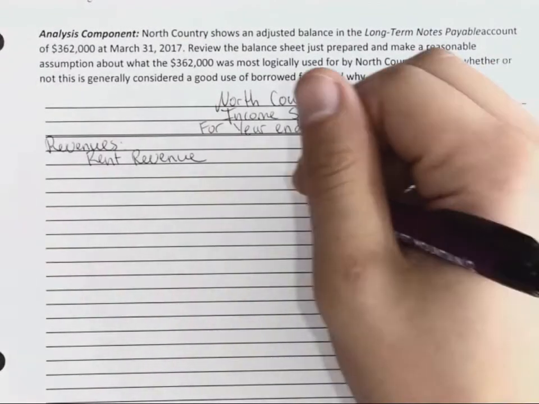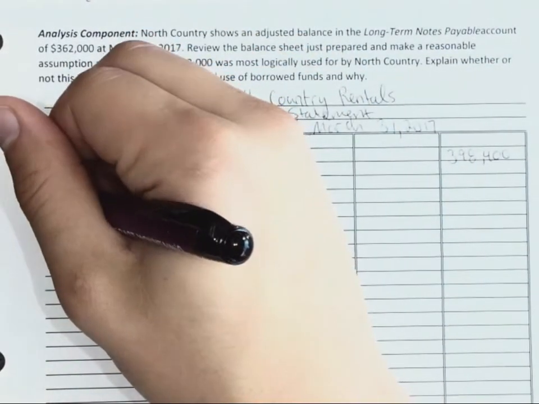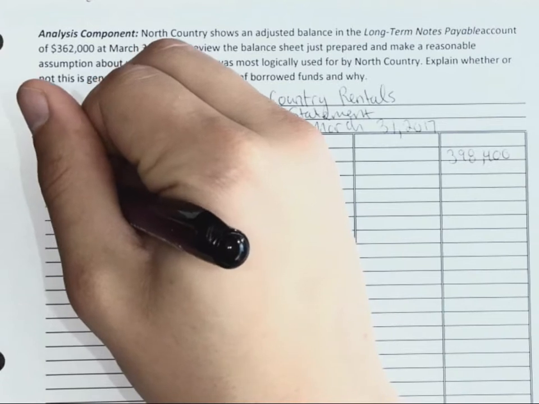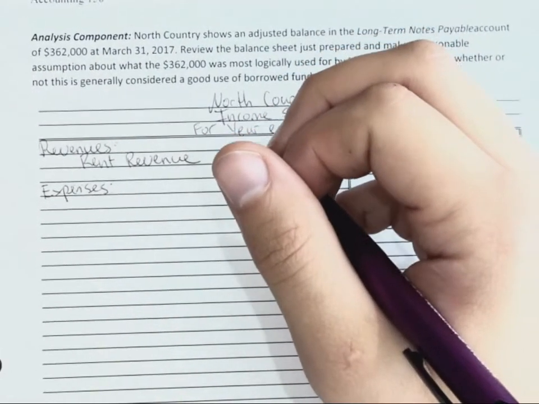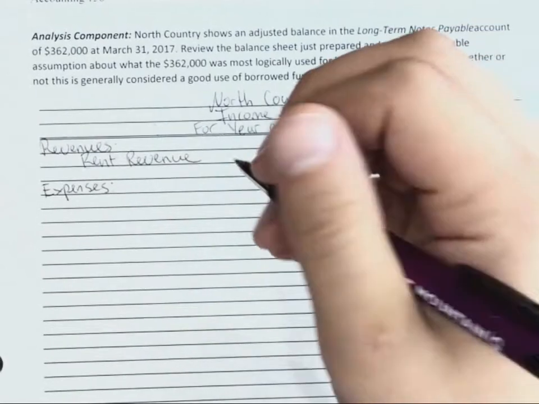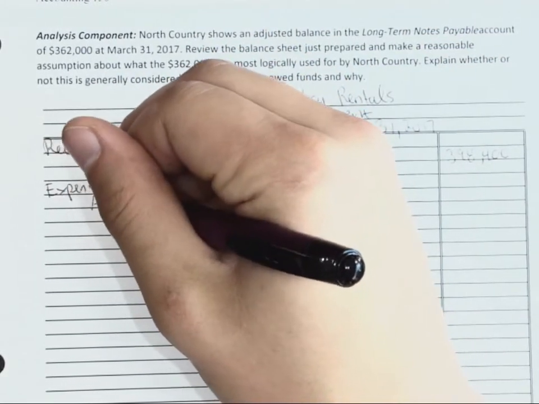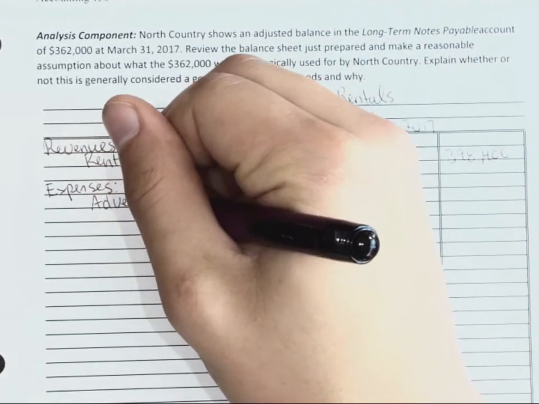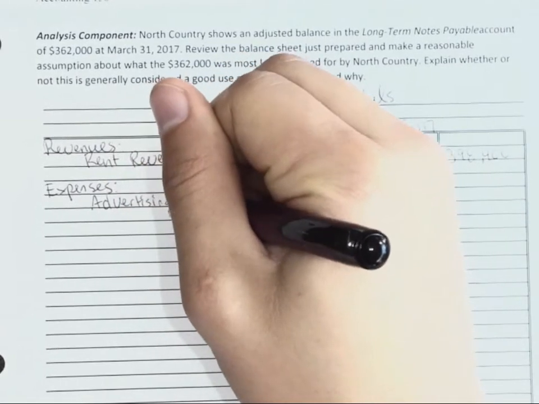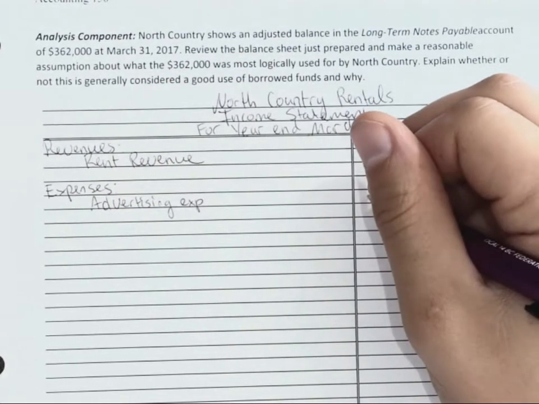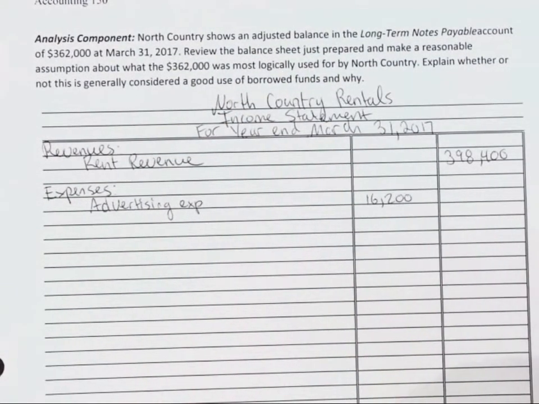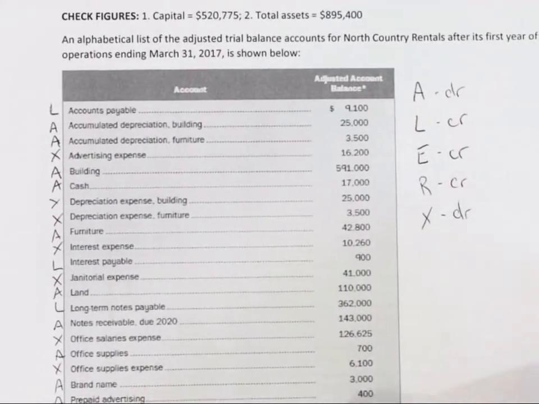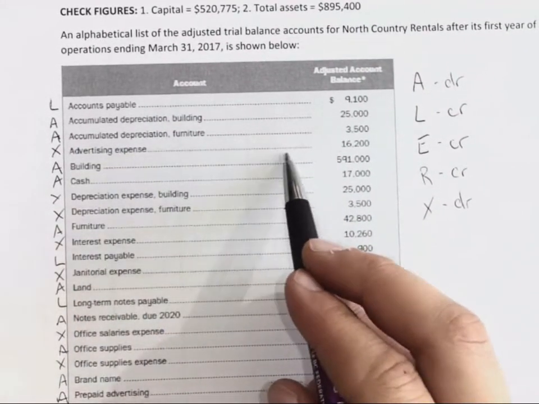That was our total amount of revenues, because we just had the one. So our expenses. I'm just going to go through, looking for the expenses: advertising, and so on.